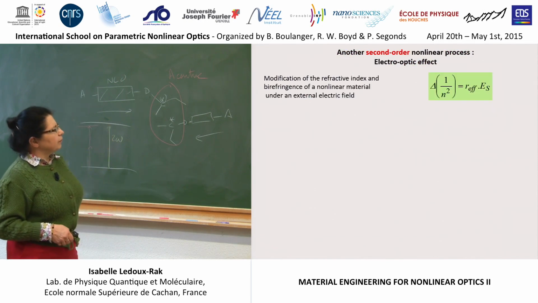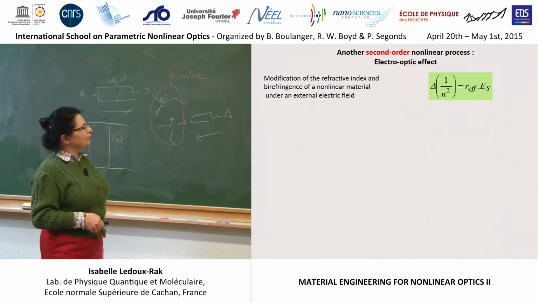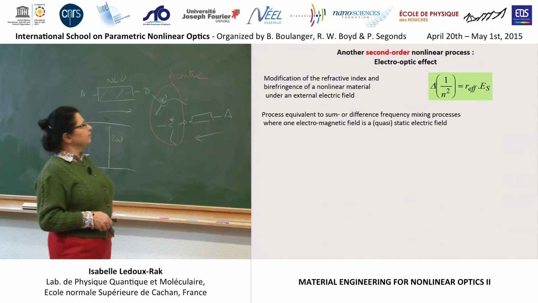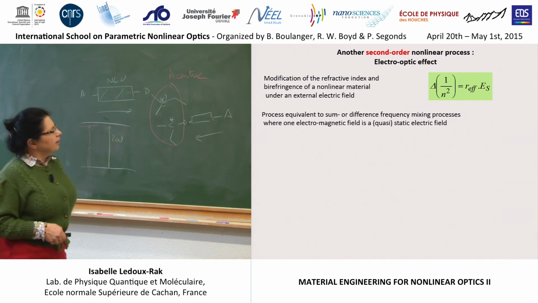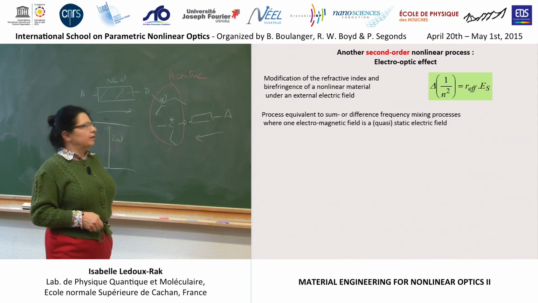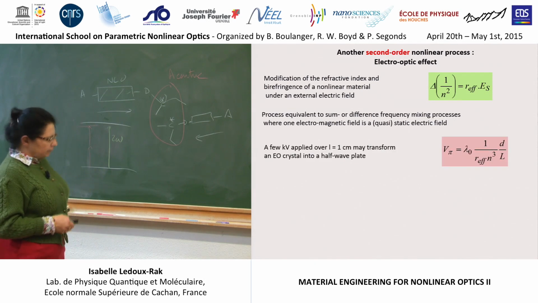So I think you have heard a lot about these definitions of electro-optic coefficients. It's related to a change of refractive index. This is equivalent to sum or difference frequency mixing, but one frequency is a quasi-static electric field.